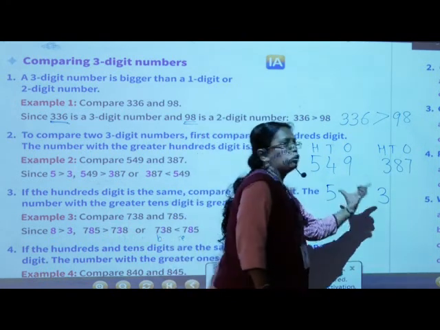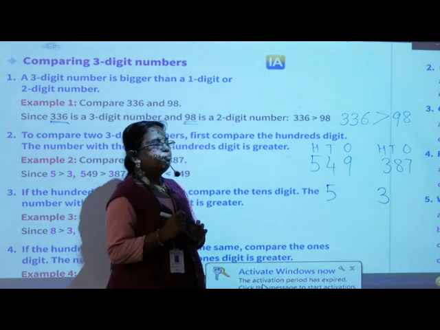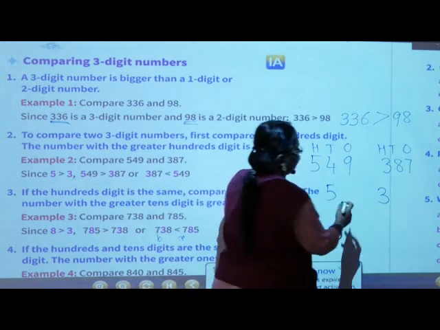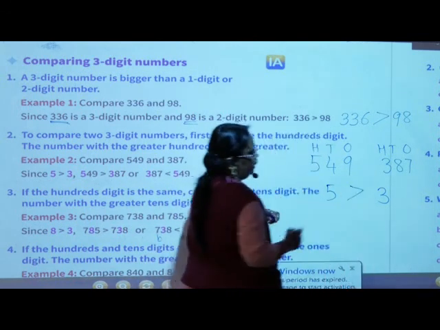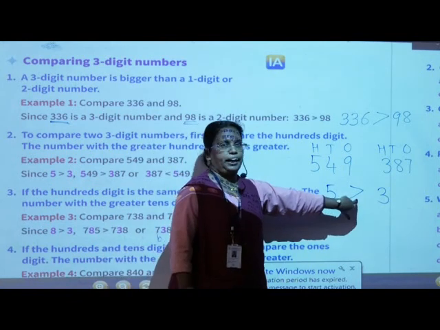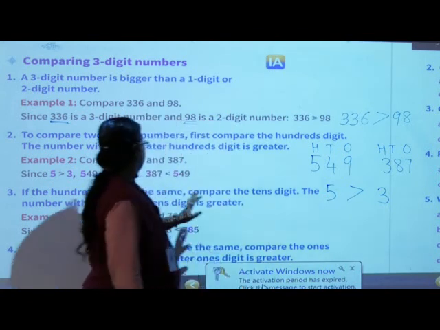So in these both, 5 and 3, which is the greater number? Correct, 5 is the greater number. So you will do it this way with the greater sign. 5 is greater than 3. In this way you can write.